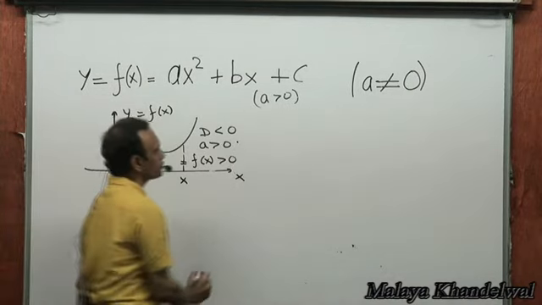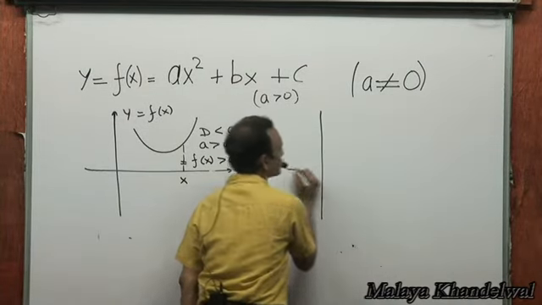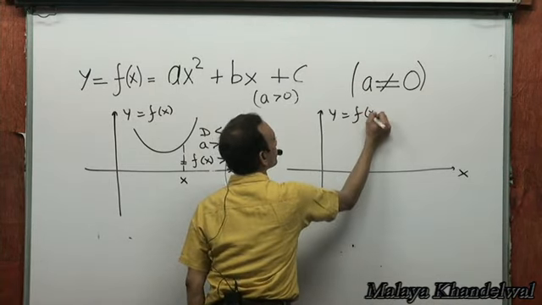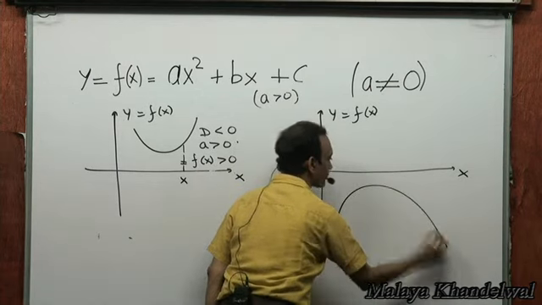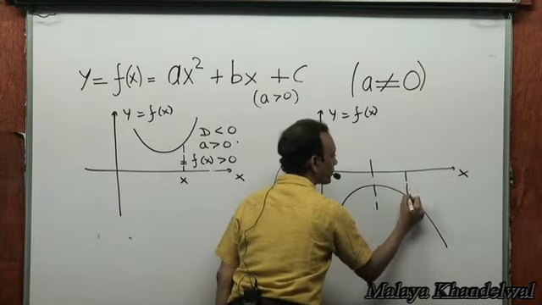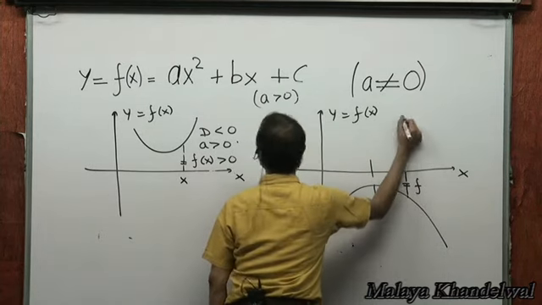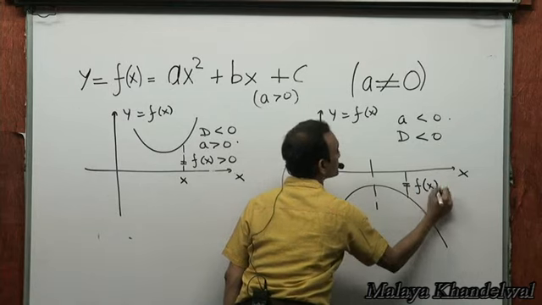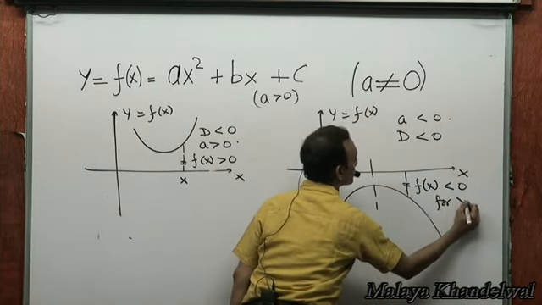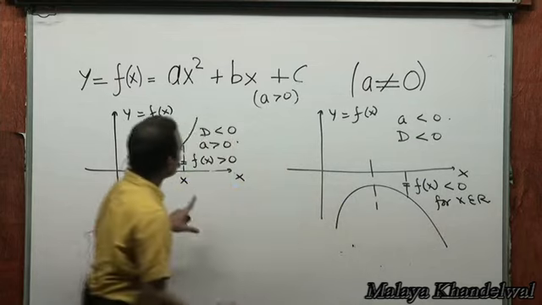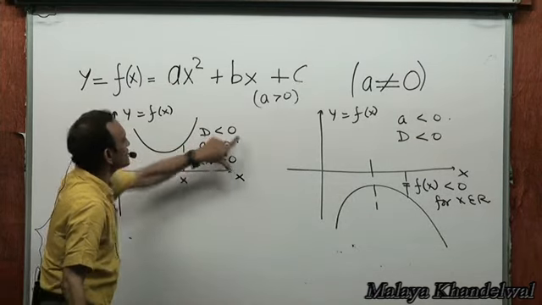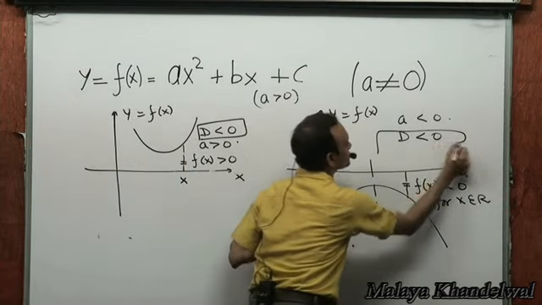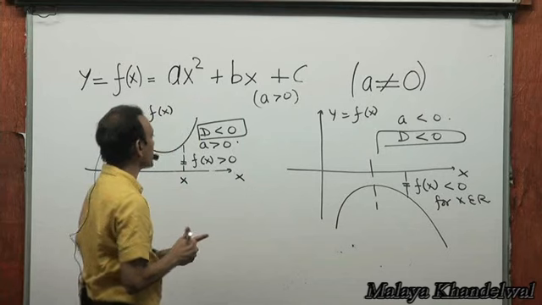No real roots for an upward opening parabola, no real roots for a downward opening parabola. This is a less than 0, discriminant less than 0, f(x) is less than 0 for all real x, right? In both these cases, d is less than 0, no real roots. The parabola doesn't pay tribute to the x-axis.